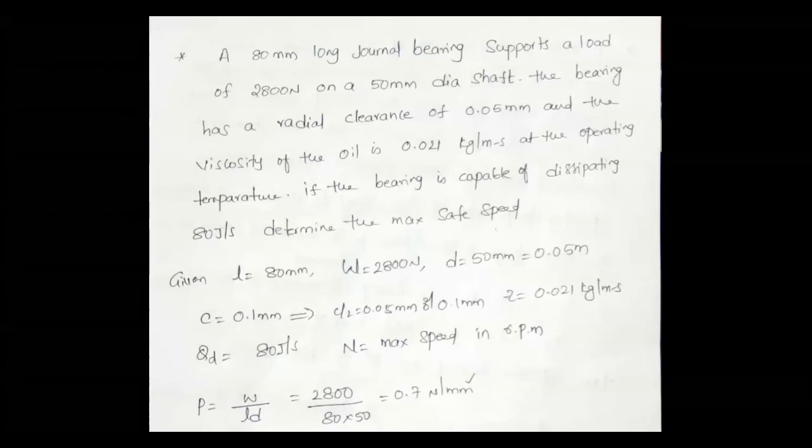That is the basic point, and this concept is very important for problem solving. So the amount of heat dissipated is 80 joules per second. Now you try to calculate the maximum safe speed N value.